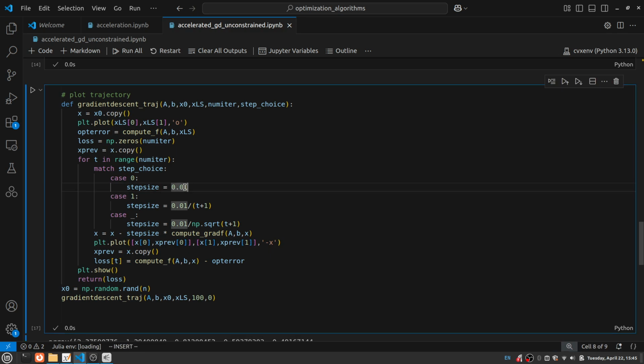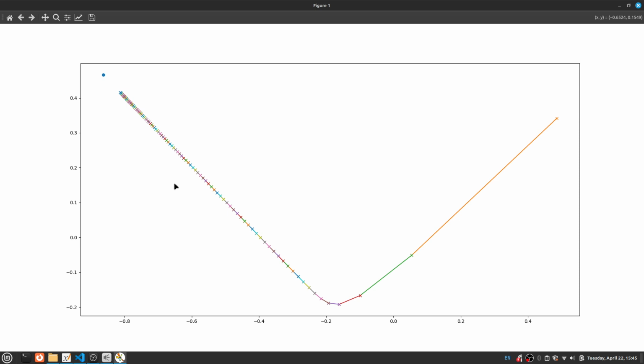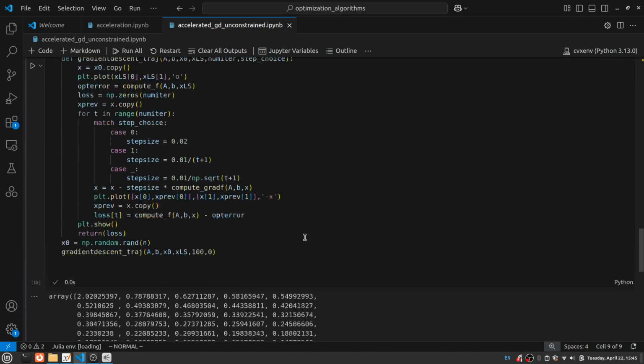Choose a slightly larger step size here, 0.02. So you can see, this is the optimal point over here, and this is the trajectory of gradient descent.